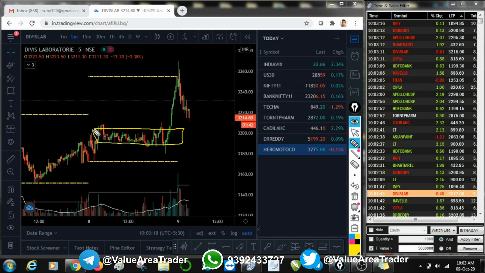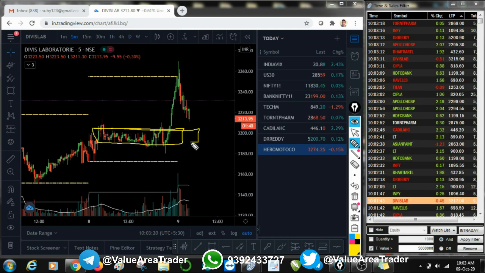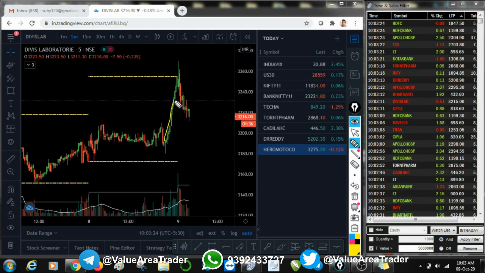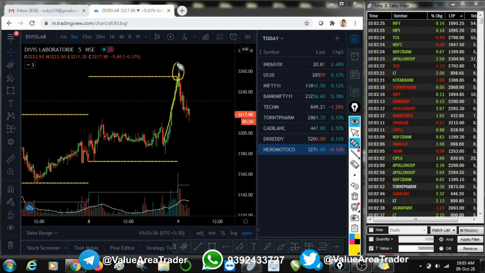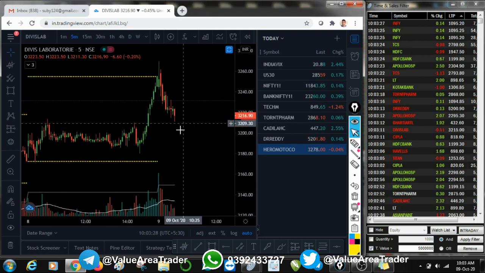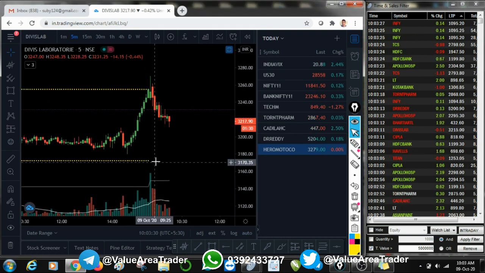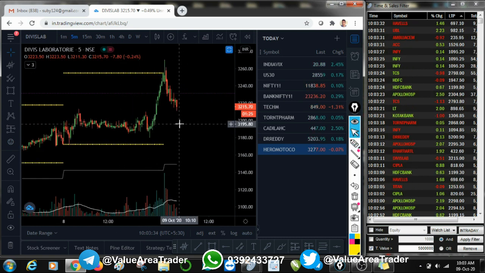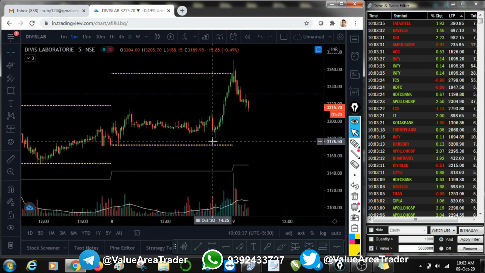Now this is a place where all the good position building happened, and yesterday from this point there was a big movement. So what I'm expecting today is when Divis Lab comes to this point, I'll just mark this congestion area so that we can take a trade here.